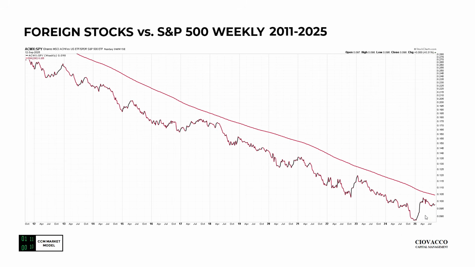Is it possible that this ratio is going to improve? This 200-week moving average is going to turn up and price will move above? Absolutely, positively, yes. But right now, this doesn't look discernibly different from this period in 2023 or radically different from this period in 2017 and 2018.